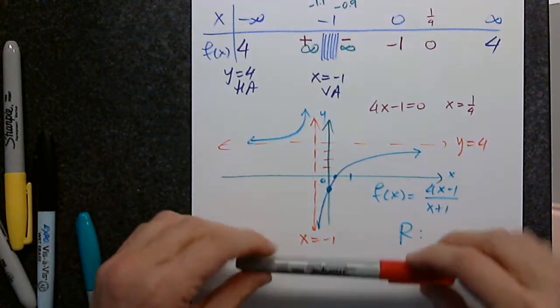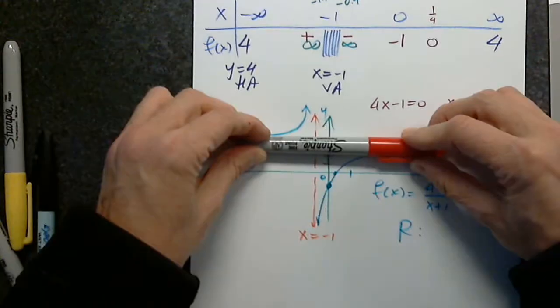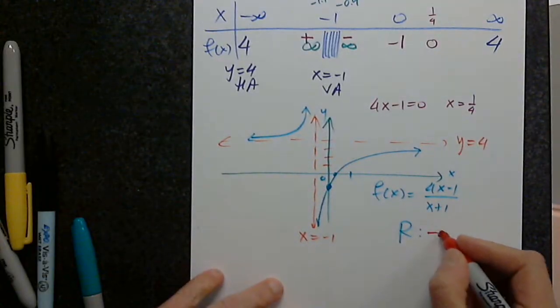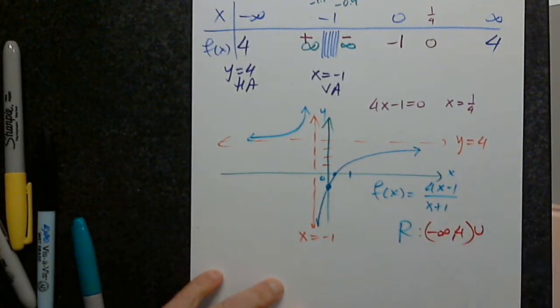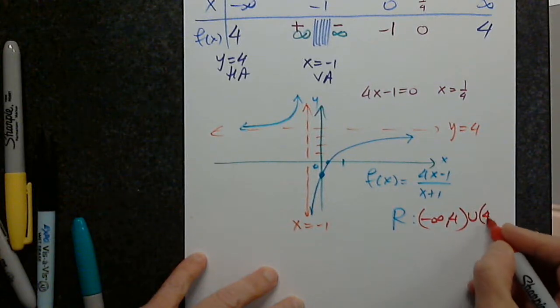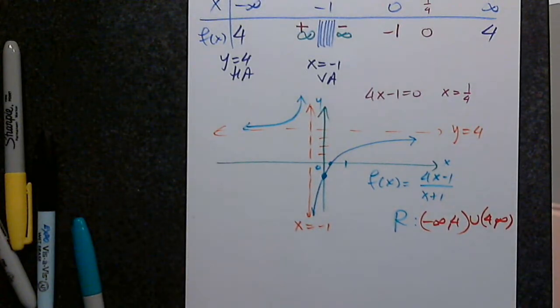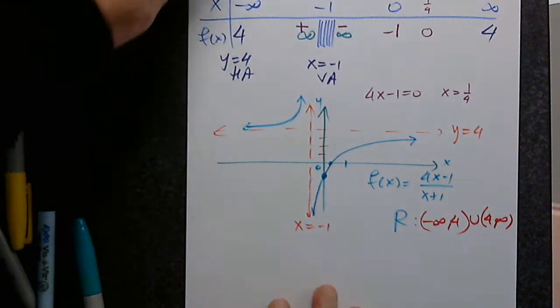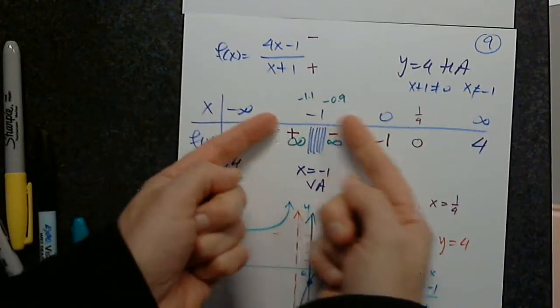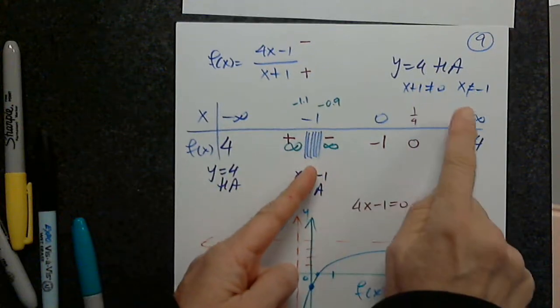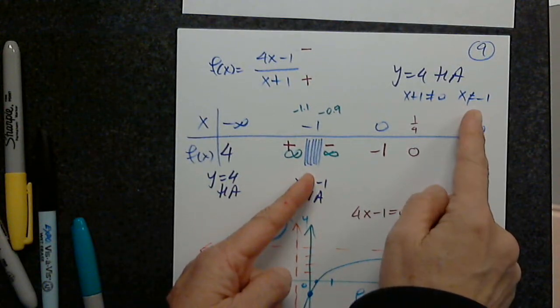So what is the range? Yes, awesome. Negative infinity to 4, union 4 to infinity. And you have to find the domain. Without finding a domain, you cannot start the table. That was the first question, the second question we asked.